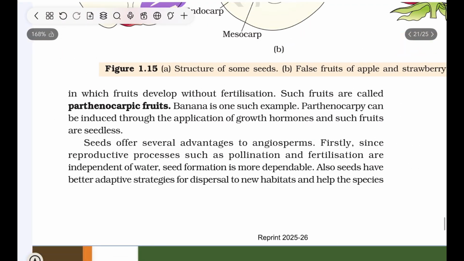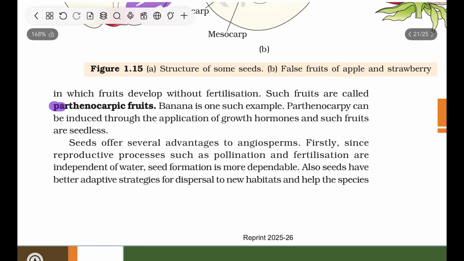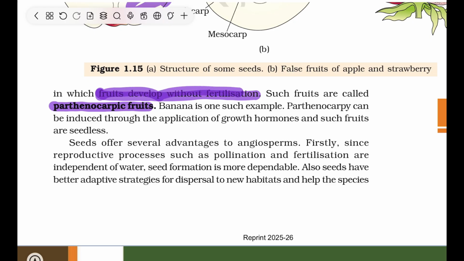What are parthenocarpic fruits? The fruit develops without fertilization. A fruit developing without fertilization is called a parthenocarpic fruit. In this type of fruit, seeds are also not formed. They are seedless, for example, banana.